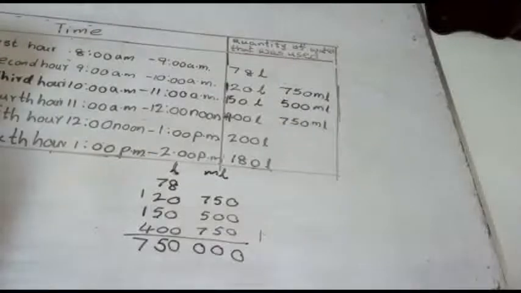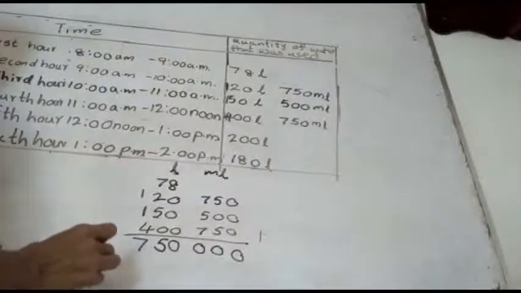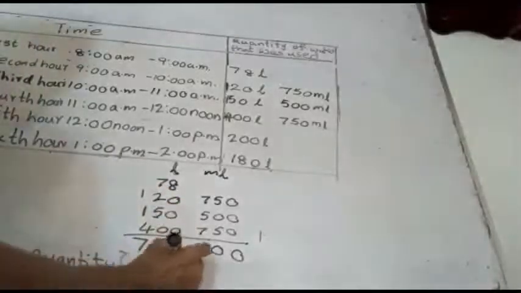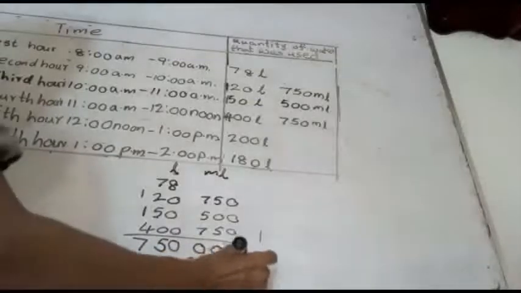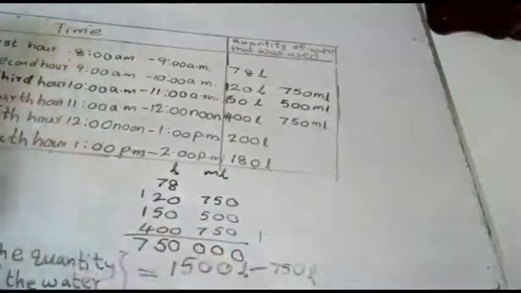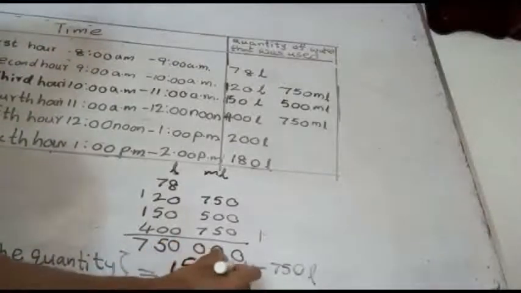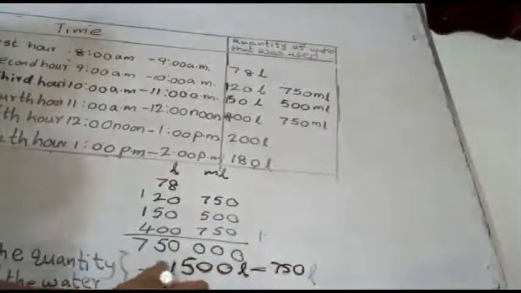Liters. Now, the quantity of water in the tank is equal to 1500 liters. 1500 liters subtract 750 liters is equal to 750 liters.